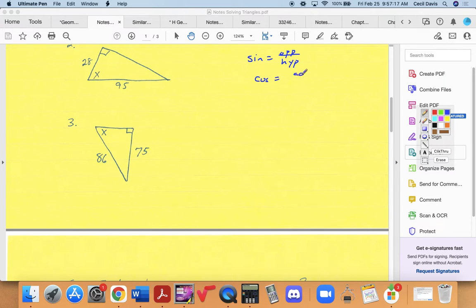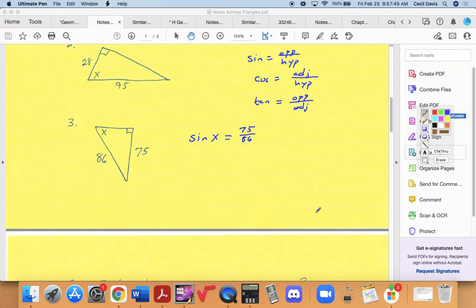Cosine is adjacent over hypotenuse. And tangent is opposite over adjacent. So which one of those is it? It's the sine. Right. So we're going to have sine of x is equal to 75 over 86.